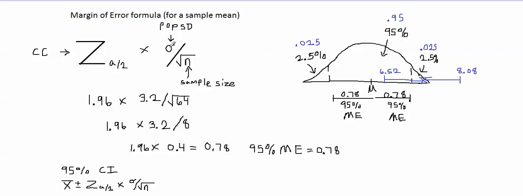What you actually do in a real study is you have to substitute this population standard deviation with the standard deviation calculated from your sample. And it just substitutes and takes its place right here.